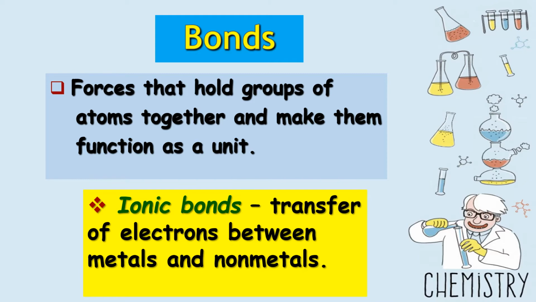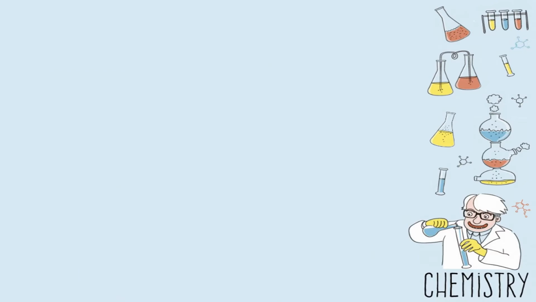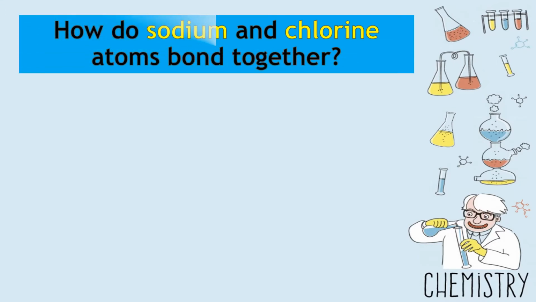Now, let's have the concept of ionic bonds. Transfer of electrons between metals and nonmetals. Once again, ionic bonds, transfer of electrons between metals and nonmetals. Let's have an example. How do sodium and chlorine atoms bond together?